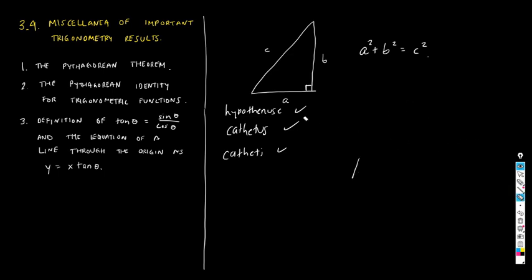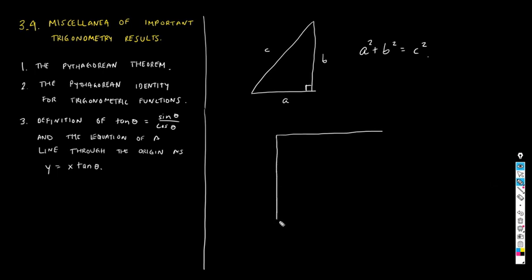Okay, so now let's demonstrate the Pythagorean theorem. The proof goes as follows. Well, one of the proofs. There are about 500 plus demonstrations of this theorem, the most popular theorem in mathematics.